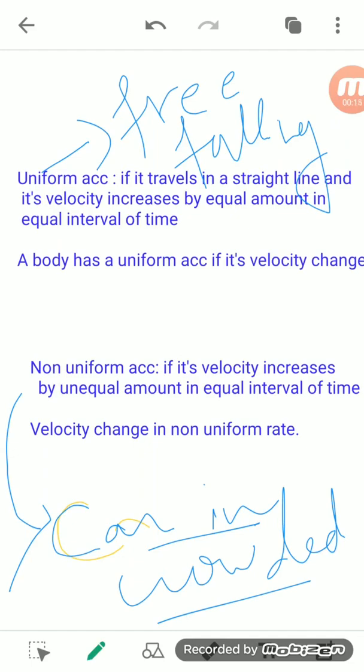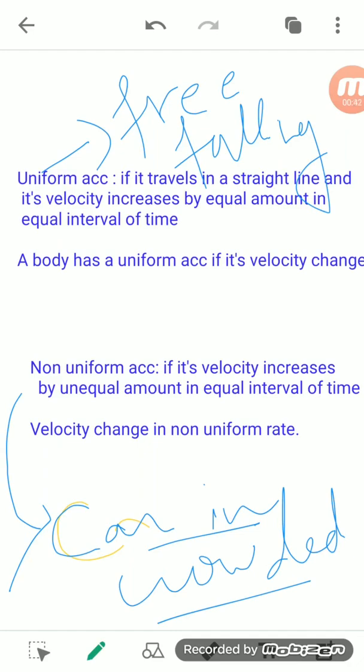In negative acceleration, the final speed is less as compared to the initial one, or the velocity is lower, so the value comes out negative. That kind of acceleration is a negative acceleration. Negative acceleration is also known as retardation.